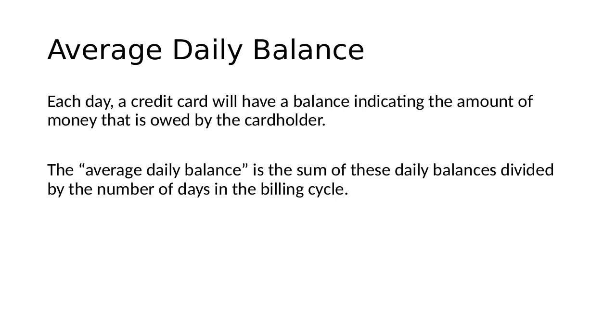And then what happens is that at the end of the day, that balance is recorded, and this is done every single day throughout the month. And then those are all added up. We get the sum of all of the daily balances divided by the number of days in the billing cycle, and that gives the average daily balance. The average daily balance is used when the monthly finance charge is calculated, and that's what we're going to look at next.